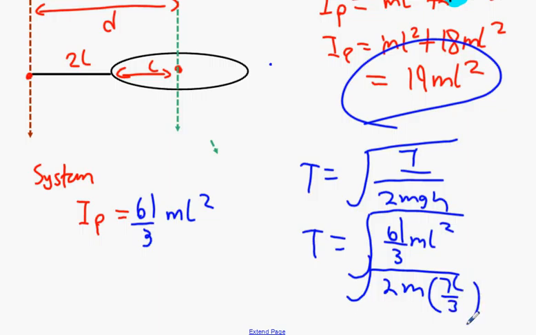Let's cancel stuff. I forgot the g, did I? The g is still there. The L will cancel with that L, and the threes will cancel, won't they? And what are we having? 61 over 14.